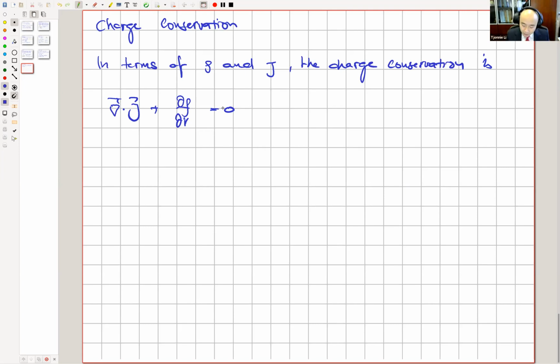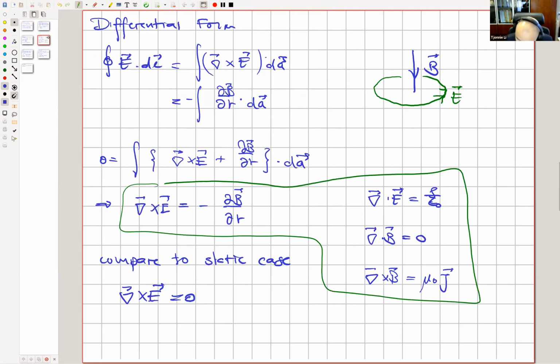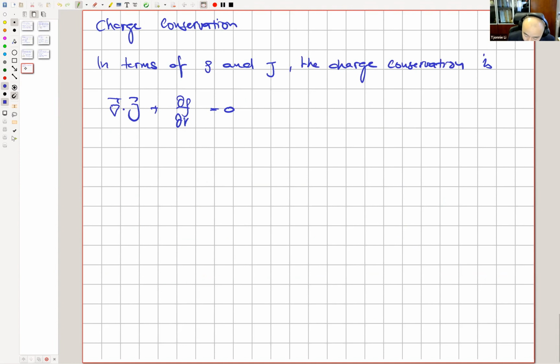So we have this charge conservation, but, and this is a big but, if I go back to Maxwell's equations up to here, and in particular look at this one, the curl of B equals mu naught J, that equation actually violates charge conservation. Let me show you how.